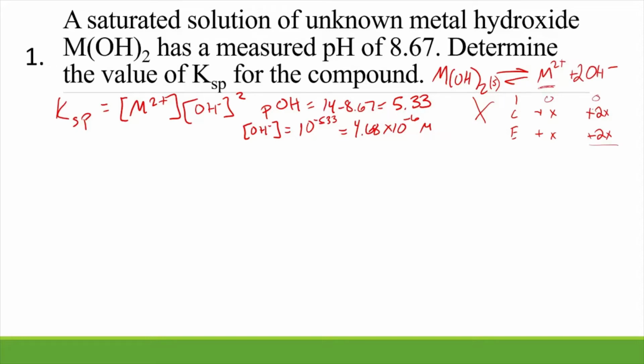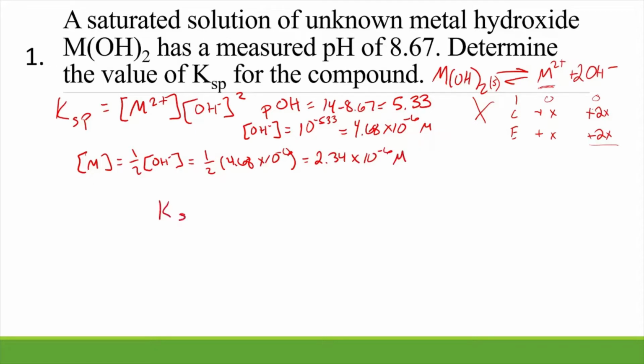There's twice as much hydroxide as metal when we are at equilibrium. So our concentration of metal is 1/2 times 4.68 times 10 to the negative 6th, which is equal to 2.34 times 10 to the negative 6th molar.